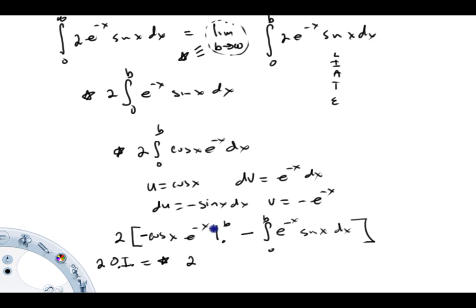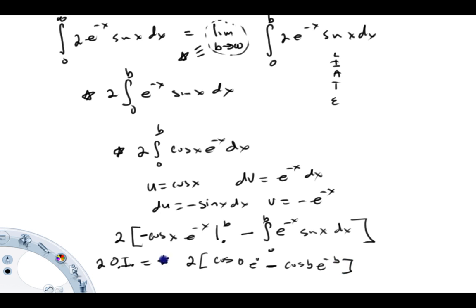And I'm going to take this minus sign and absorb it in the limits. So that's going to be cosine of 0 e to the 0 minus cosine of b e to the minus b.